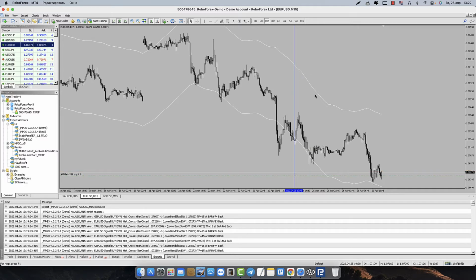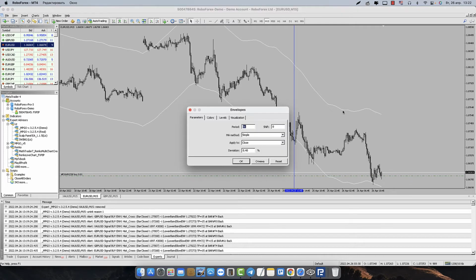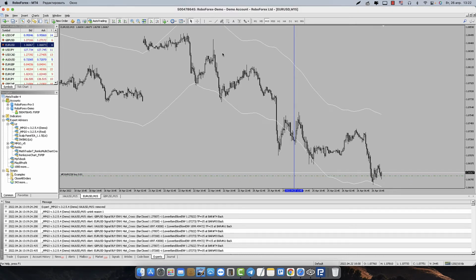As you can see, before there was no sell cross, no bar closed higher than this upper band. This is why the robot keeps the trade in buy. With such parameters for such a time frame, you can play around with these parameters in the robot set and find your best set.